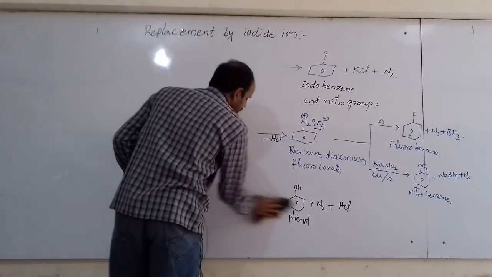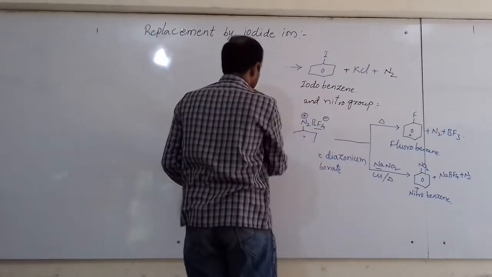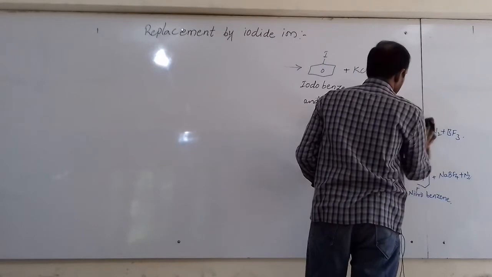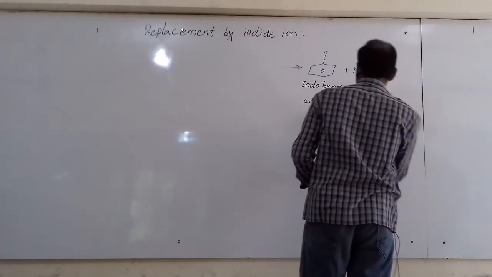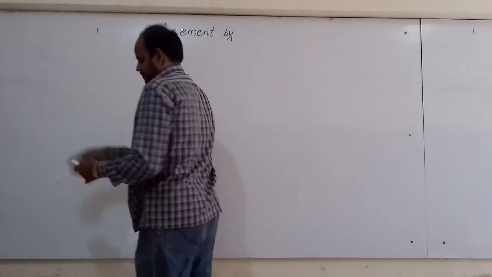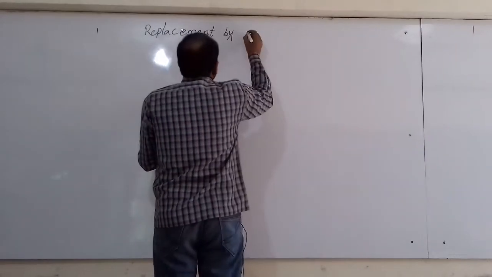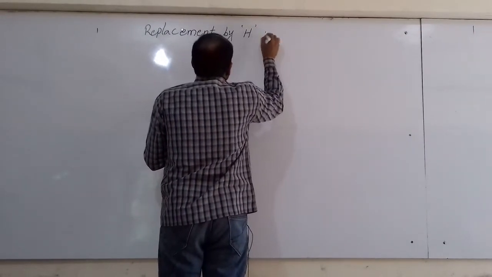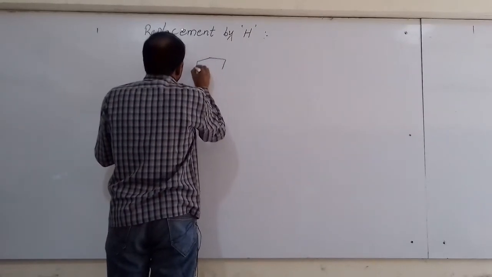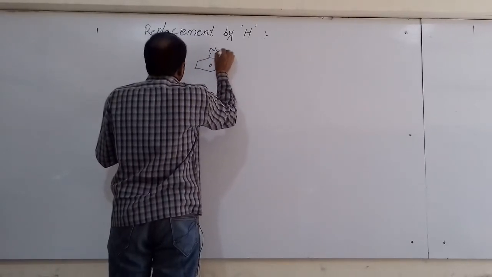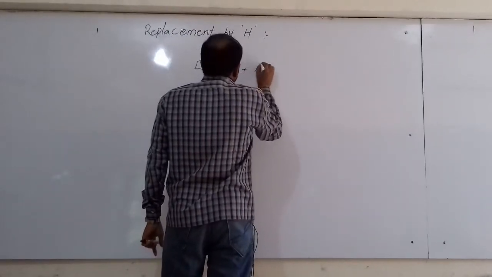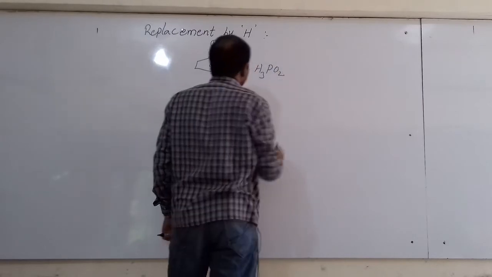This diazonium group can be replaced by hydrogen also. Replacement by hydrogen, H. Then take benzene diazonium chloride, N2Cl, which reacts with H3PO2.